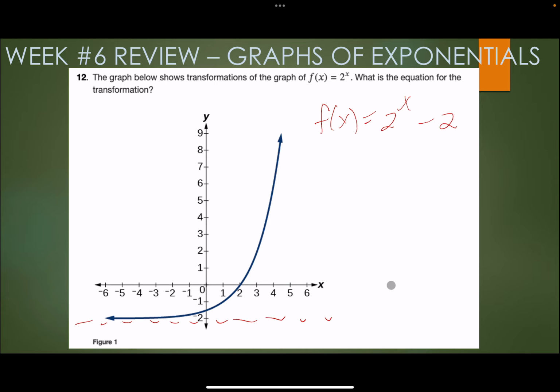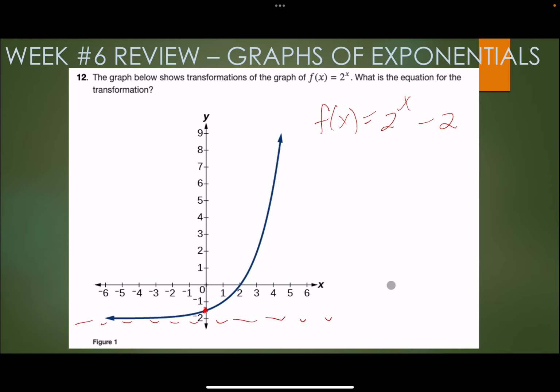But it's probably going to be shifted over as well. The issue is this y-intercept here is not what's going to show up in the function we have written up there. Because when we make x be 0, we're not going to get negative 1.5 out of that.